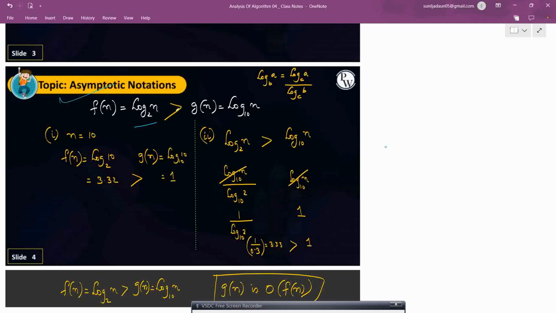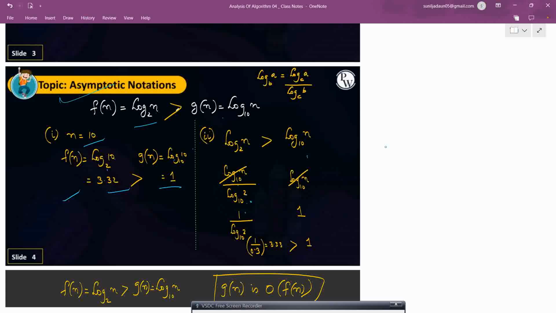If n is greater than log 2n, it is greater than log n with base 10. For example, log 2 power 10 is 3.2, and log 10 is 1 only. So this is the example, and second, log n, when log 10 with log n, this is log 2.